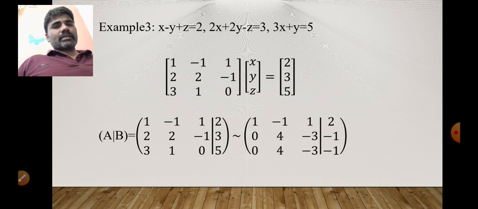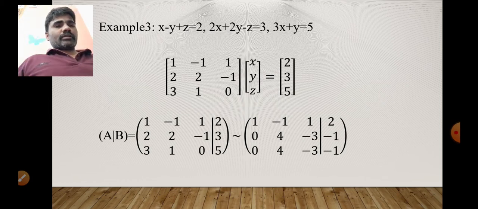This is the matrix AB, and reduce it into row echelon form by using suitable row operations, that is R2 implies R2 minus 2R1, R3 implies R3 minus 3R1. Then the transformed matrix is 1 minus 1 1. The first row cannot be changed. The next two rows will be changed: 0 4 minus 3 minus 1, 0 4 minus 3 minus 1.